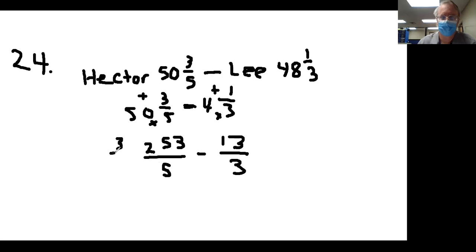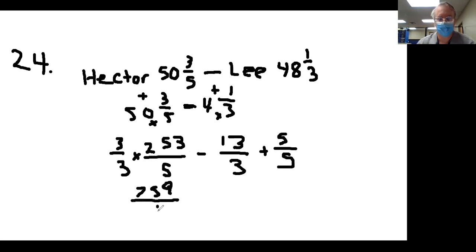I'm going to multiply this side by 3 and this side by the 5. 253 times 3 is 759 over 3 times 5 is 15.